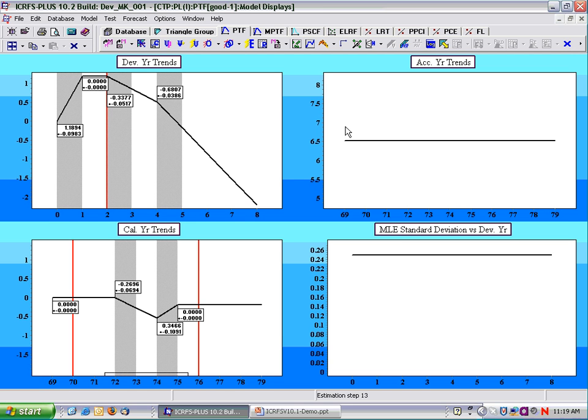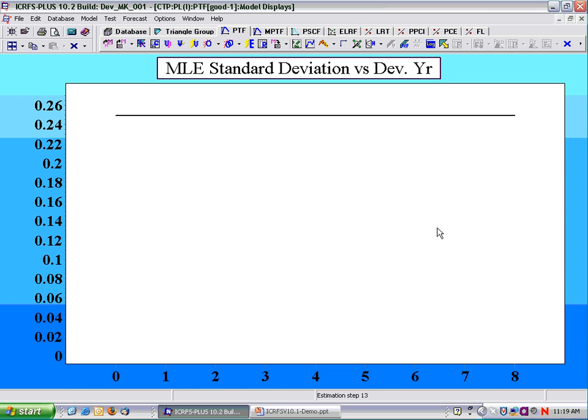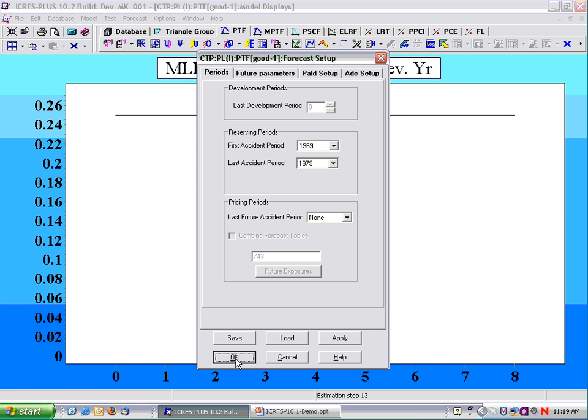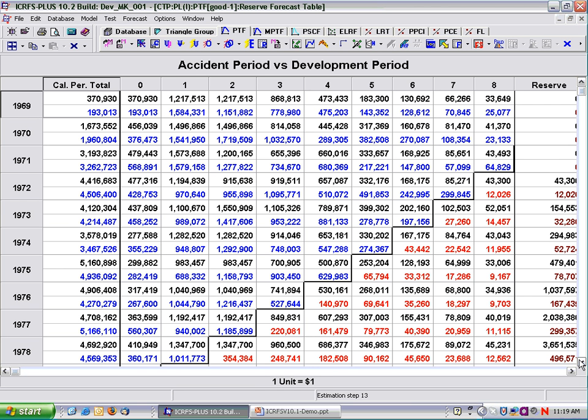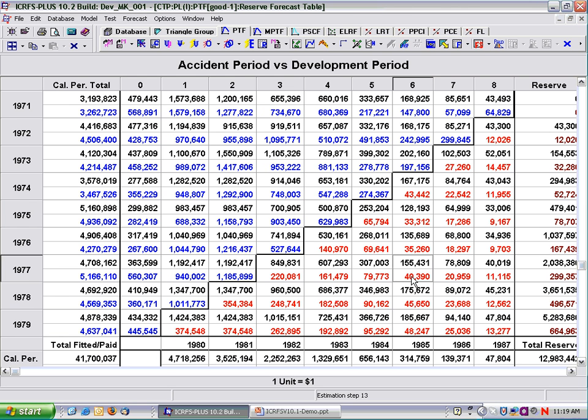We're assuming that accident year is homogeneous, but we're also assuming that these two calendar year trends will project along the development years and the accident years. We're also assuming that normal distributions will have these variances. So we're going to forecast a future with a zero trend, and these forecast tables get this. So you can see that if you take any red value and divide by the corresponding black value, then you'll have a ratio which is at least 25%.